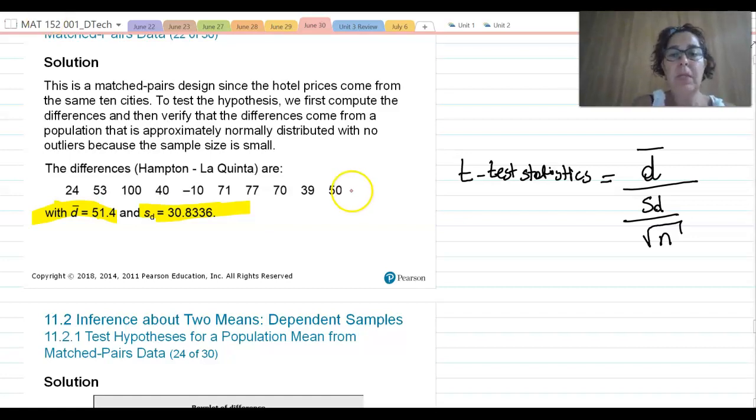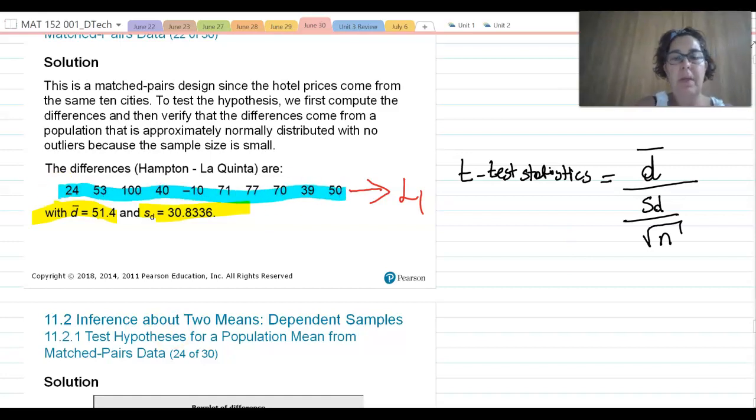We are going to create that D column by hand, and then we're going to enter it as L1. In this L1, we're going to look at stat, calc, one variable stat, and we're going to get the mean and the standard deviation of this sample. So we will be getting those two values.